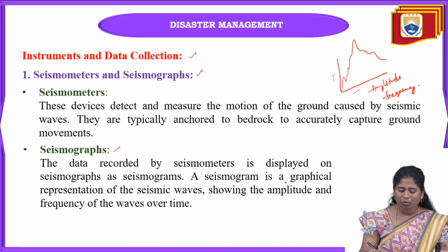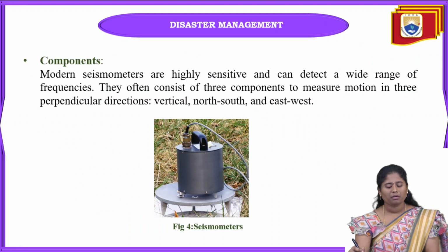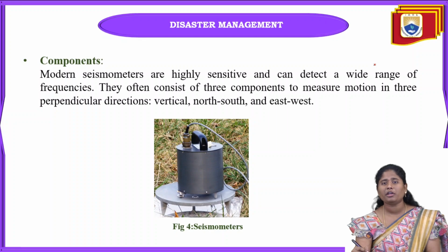This happens in the seismograph at the time of the earthquake, and we can see the graphical representation after the earthquake is complete. What are the main components required for these instruments? Modern seismometers are very sensitive and can detect a wide range of frequencies.